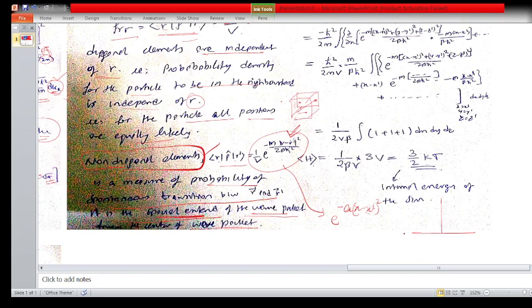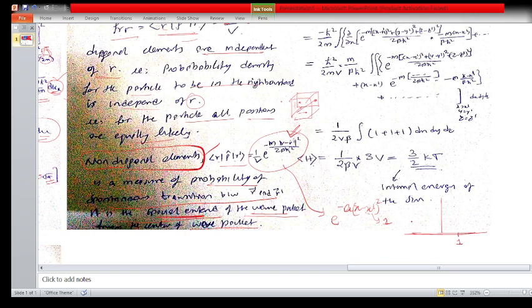That is nothing but e raised to minus a x square. So if you take, for example, x dash equal to 1, you can take any value. So x dash is equal to 1, the center point is at 1, and then you change x from minus infinity to plus infinity or whatever it is.